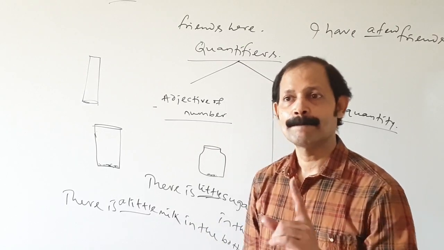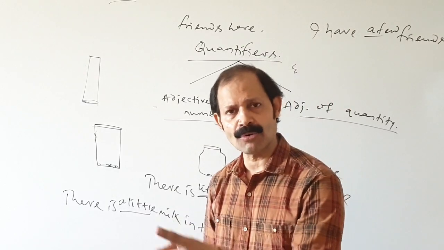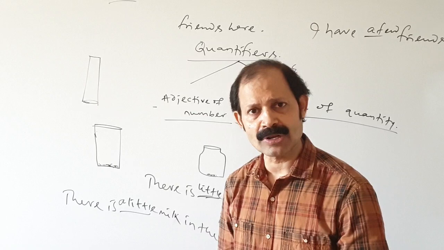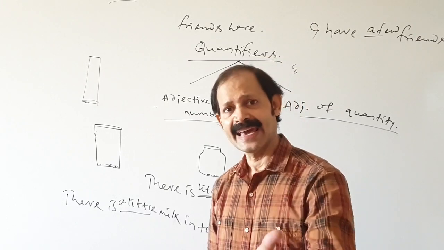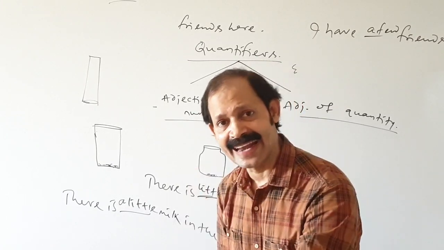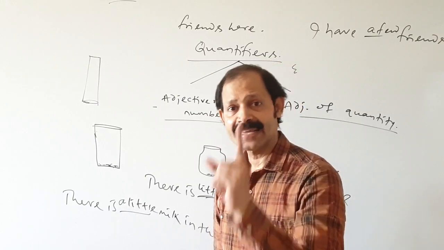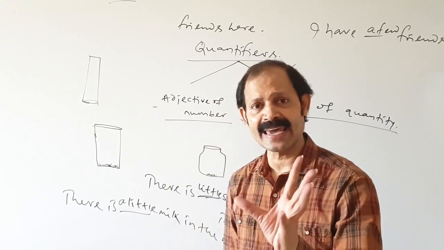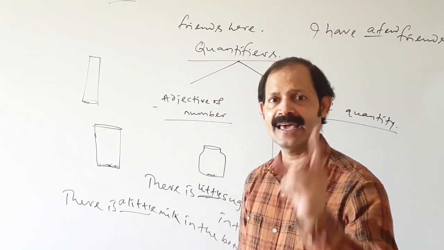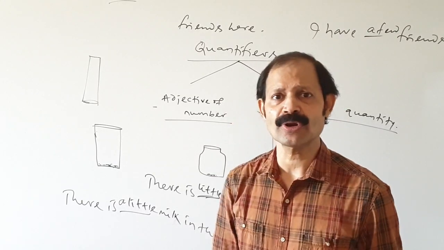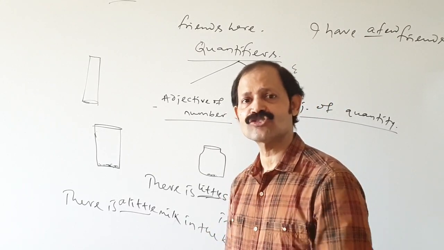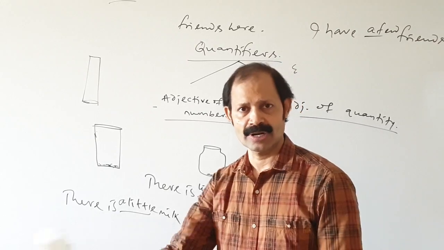That means few goes before countable noun and little goes before uncountable noun when you are telling in a negative way. But if you want to say it in a positive way, then a few should be used before countable noun and a little before uncountable noun.